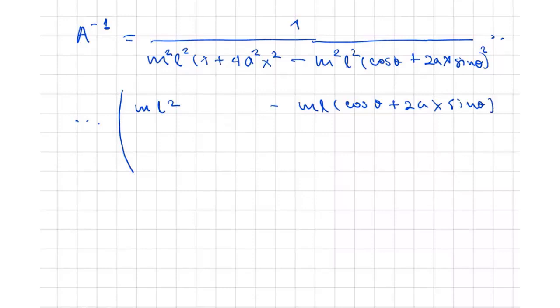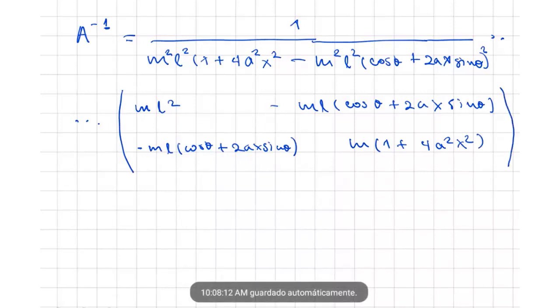Okay, here is minus m L cosine of theta plus 2ax sine of theta, multiplying m 1 plus 4a square x square. So this matrix is multiplying this prefactor.